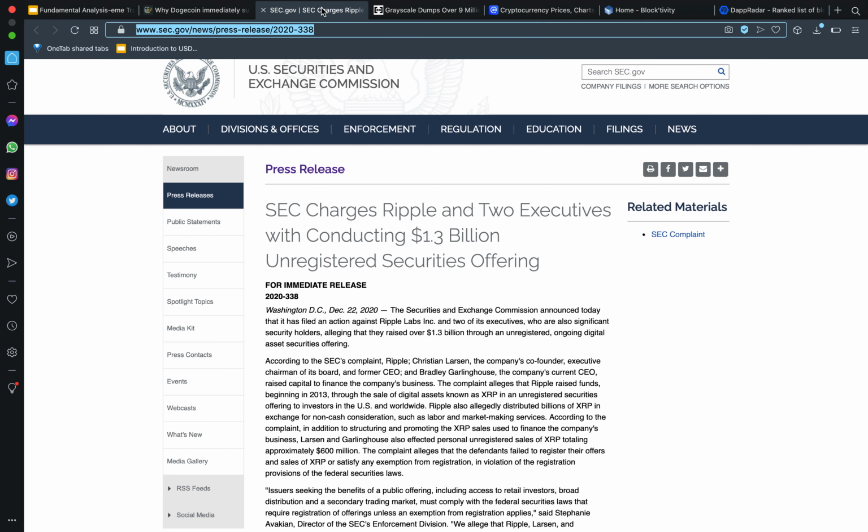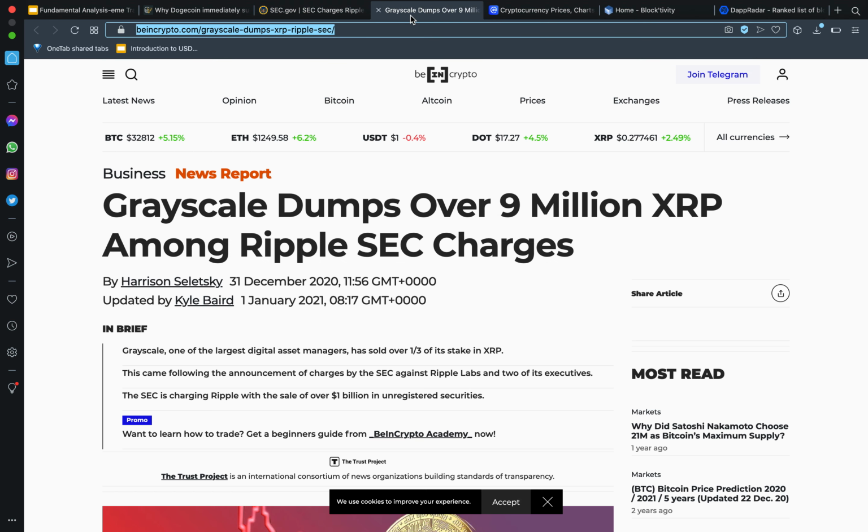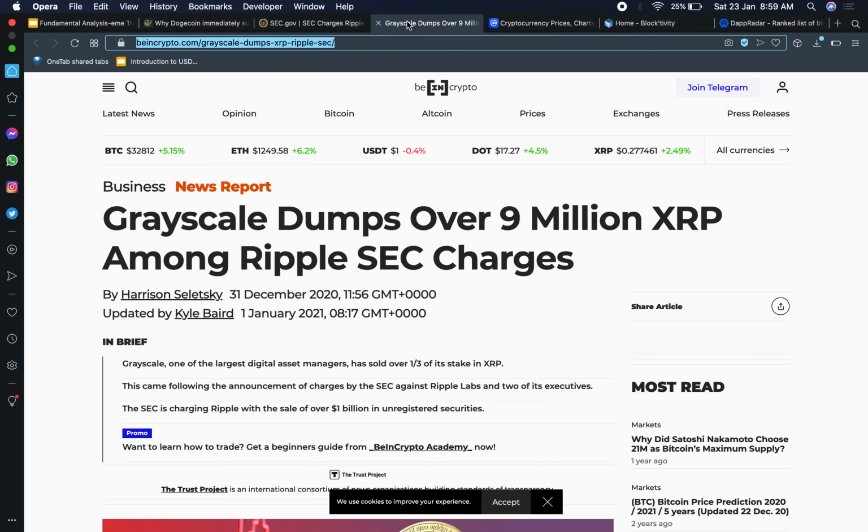Because of this news, Grayscale dumped their XRP and exchanges started delisting. And what happened? The price of XRP went down. It crashed really hard, and XRP has not recovered, but it's still there.